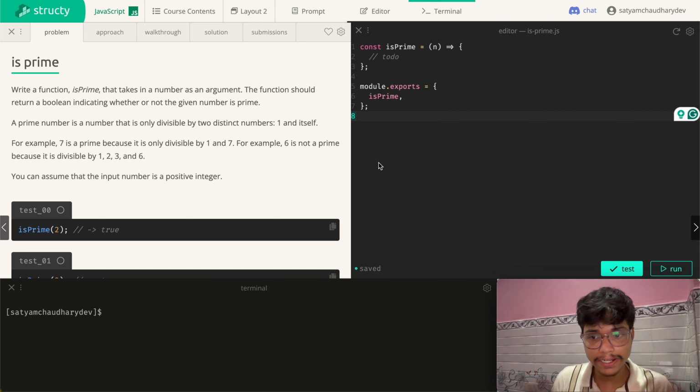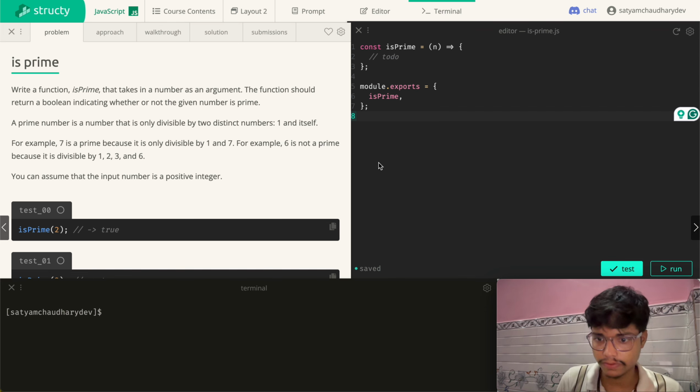A prime number is a number which is divisible by two distinct numbers, 1 and itself. For example, 7 is a prime number. Why? Because 7 is divisible by 1 and 7 only, not other than 1 and itself. For example, 6 is not a prime number because it is divisible by 1 and 6, but it is also divisible by 2 and 3.